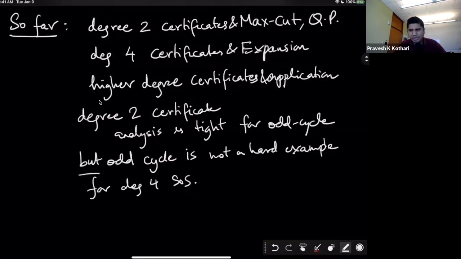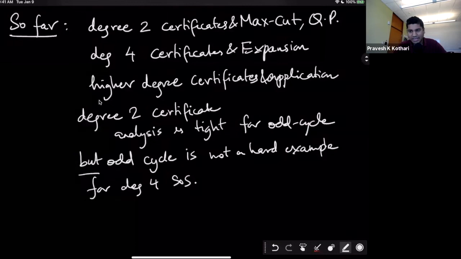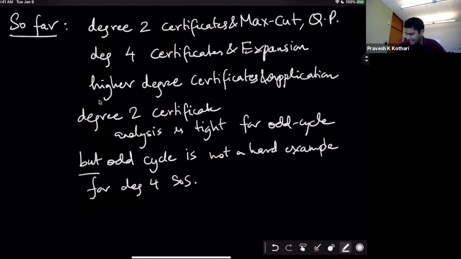So, just to summarize our state of understanding, right now we don't know if degree 4 SOS actually solves max cut. At least we have no idea of any instance that could potentially be hard, right? And similarly with expansion, we didn't quite prove a lower bound. We showed that at least the rounding technique we were using for degree 4 sum of squares in the context of expansion is more or less tight.